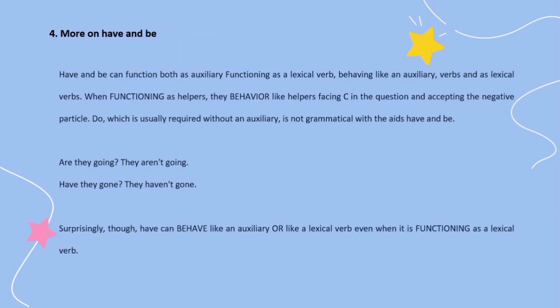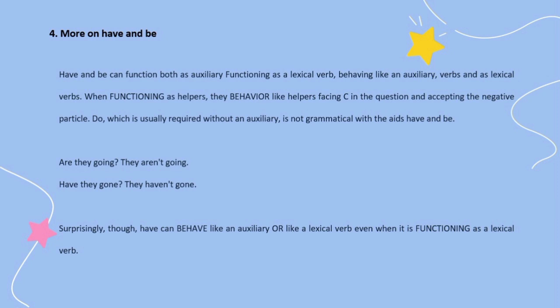The fourth is more on have and be. Have and be can function both as auxiliary verbs and as lexical verbs. When functioning as helpers, they behave like auxiliary verbs, moving to the front in questions and accepting the negative particle.